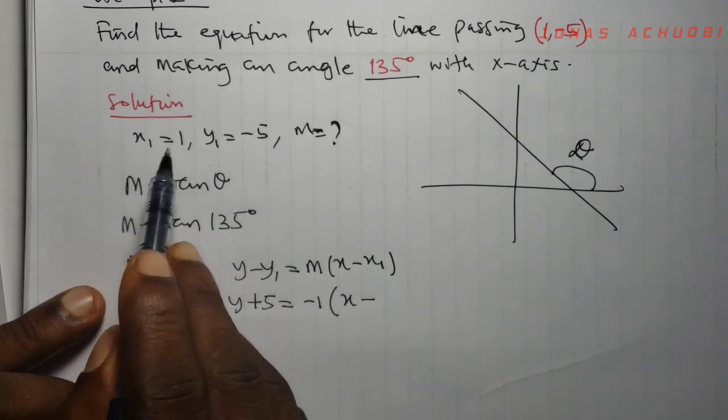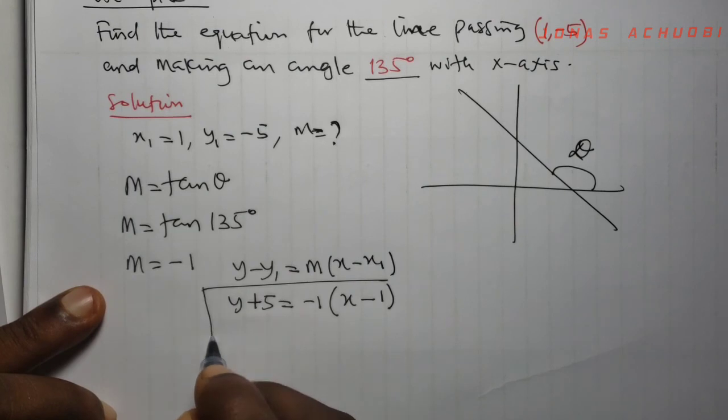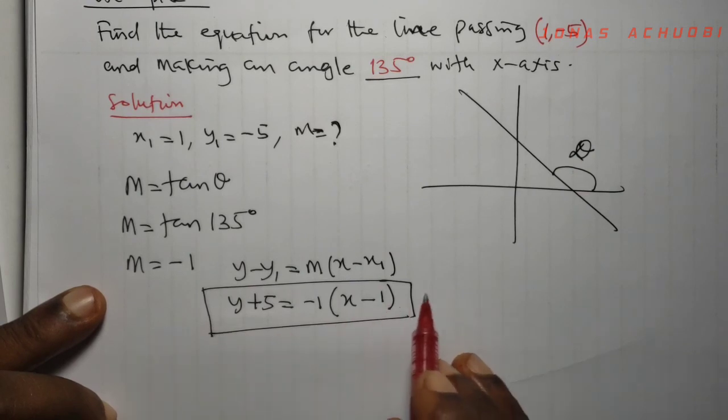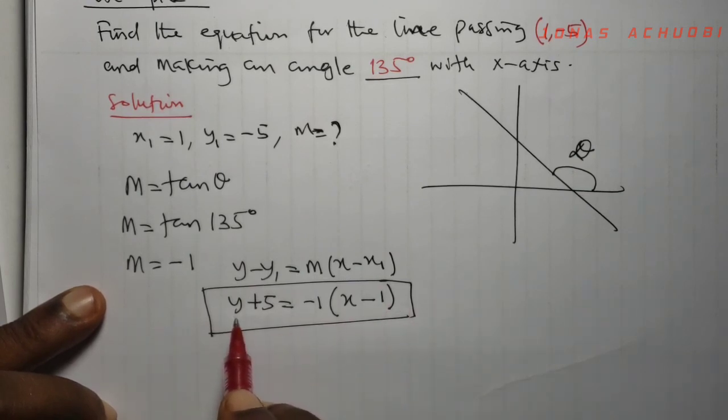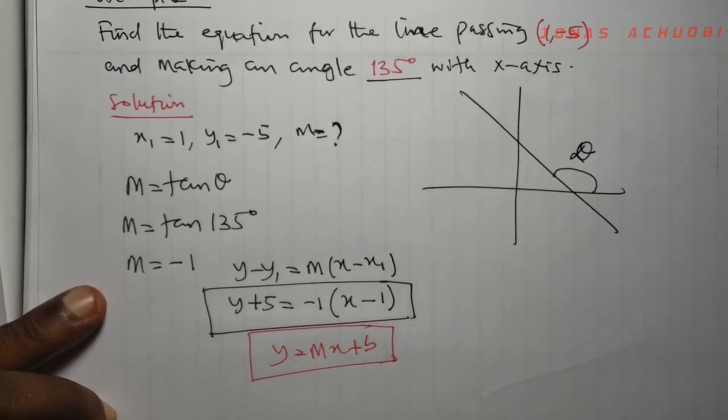Our x1 is the x coordinate, which is 1. So this is our point slope equation. Of course, again, we can go ahead and open the bracket, make y the subject of the formula, and that becomes y equal to mx plus b. In this case, the equation would now be what? In the slope intercept form.